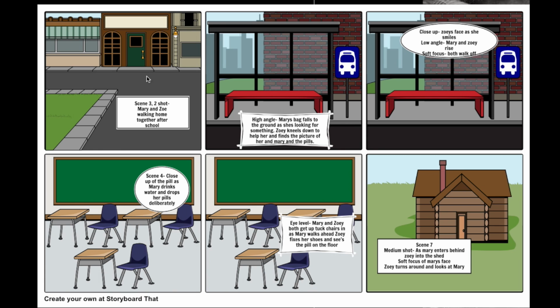So this was the scene where they were at home together, and then this was the bus stop scene, and then we had the classroom scene here, and then the next scene, and then the shed scene. This was an effective tool for me to use because I was able to use pictures that matched my script, as well as explain with the little text box here.